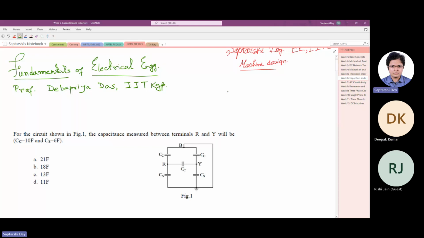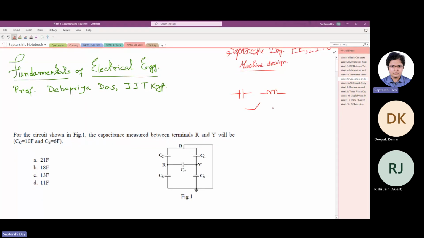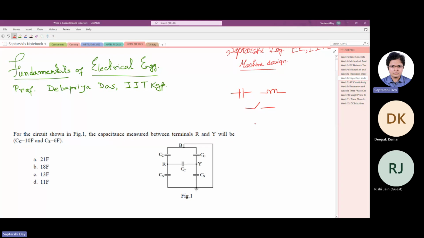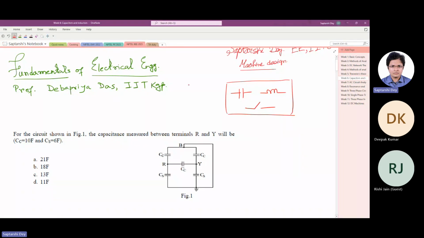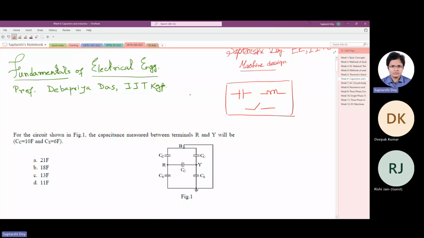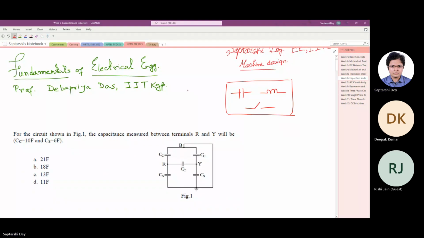So capacitors, inductors, and switch: these three components are ideally lossless components in electrical engineering, and later on you will see that there are several electrical circuits which are made with only these three components, and those circuits are called power electronic converters.